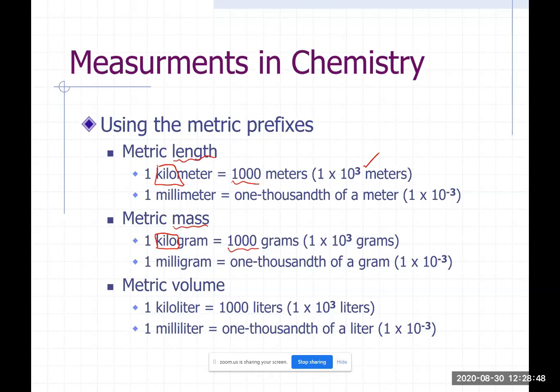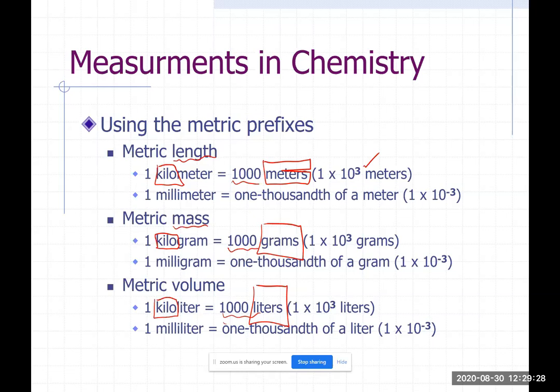If we go to volume and we look at a kiloliter, that's 1,000 liters. So you can see how the metric system works if we just memorize that kilo, the metric prefix, is equal to 1 times 10 to the 3, or 1,000 of our base unit. And again, base unit for length is meters, base unit for mass is grams, base unit for volume is liters. Then we can do conversions for length, mass, or volume by knowing the same conversion factors.